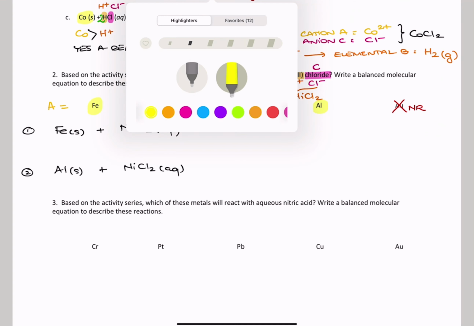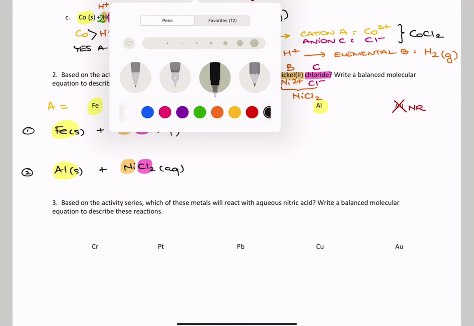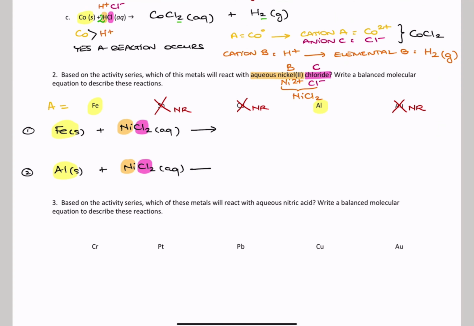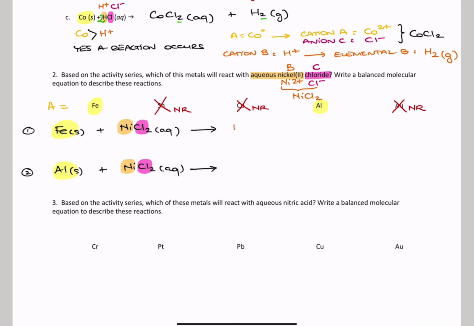Okay? So one more time, this is your A, elemental A, cation B, and ion C. Therefore, in both cases, we'll be forming the elemental B from the cation Ni2+, so we're forming elemental nickel.